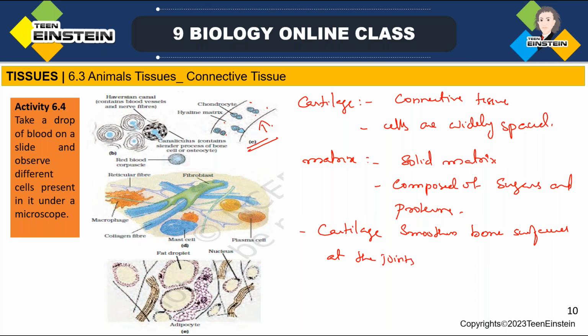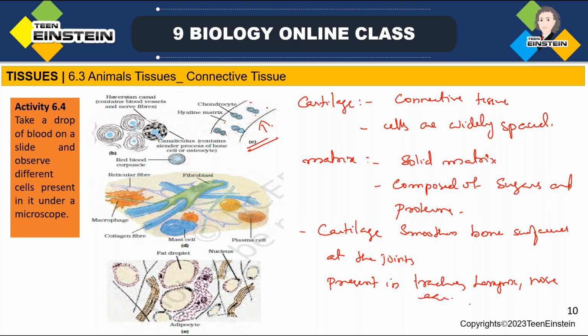At the joints. Okay. And where is it present? In the nose, ear, trachea, larynx. Cartilage is present in the trachea, larynx, nose, ear and all.